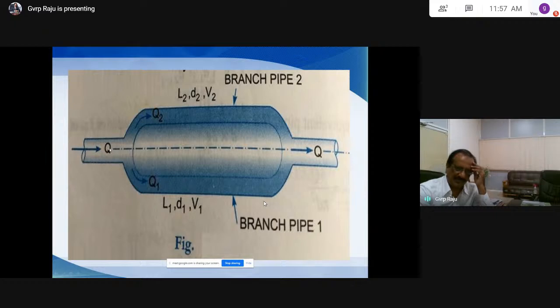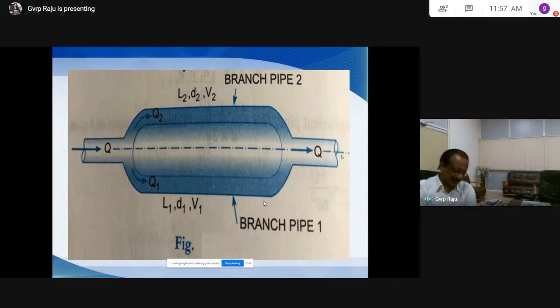So the quantity of water here is taken as Q2 and Q1. When the main pipe divides into 2 parallel pipes and again joins together in a single pipe, this is called pipes in parallel.